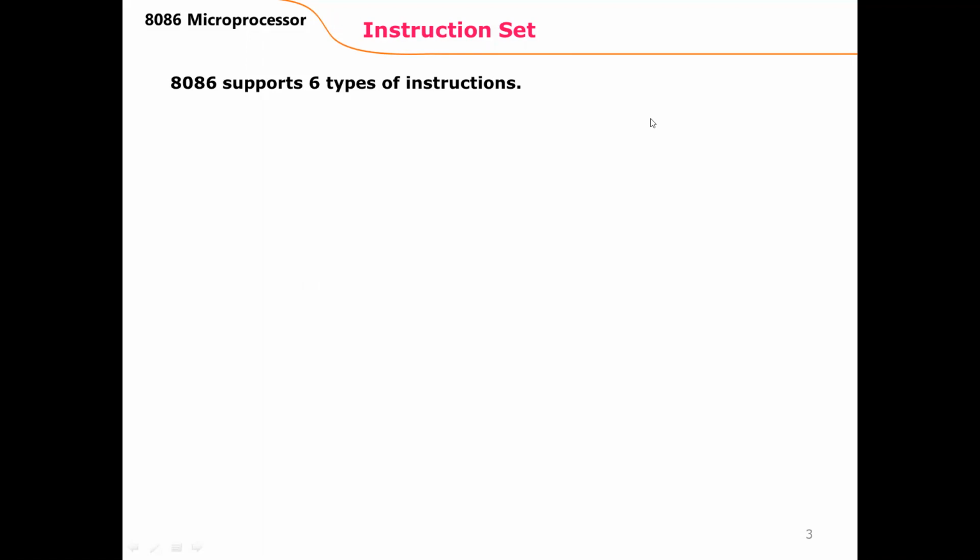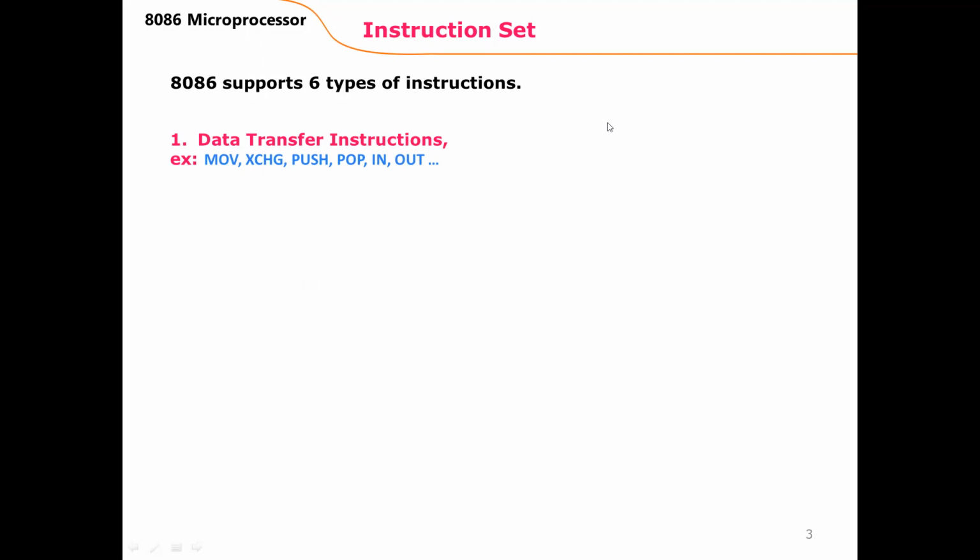Dear students, in the last class, we started the instruction set of the 8086 microprocessor. We saw that 8086 supports 6 types of instruction. One is data transfer instructions, in which data is transferred from a source to the destination.